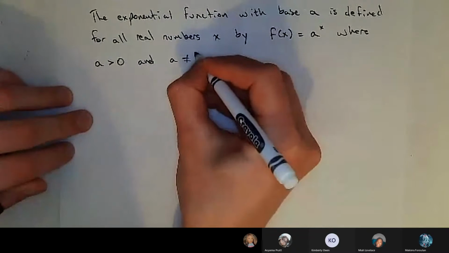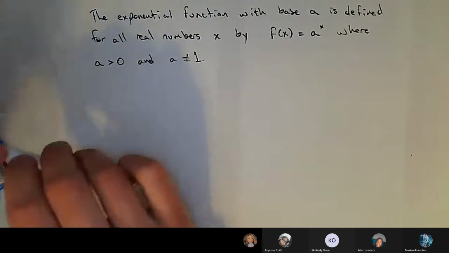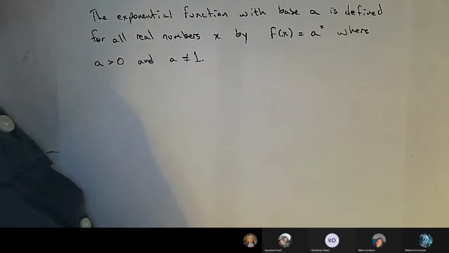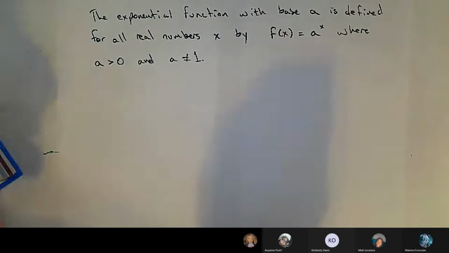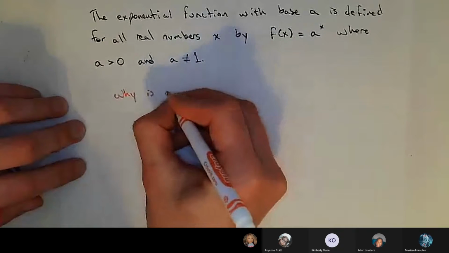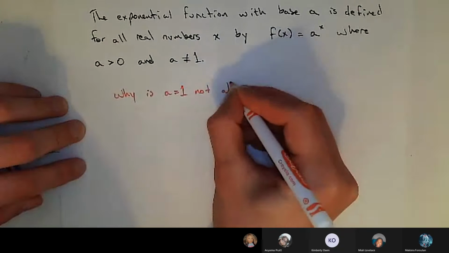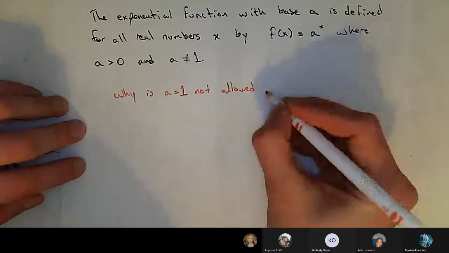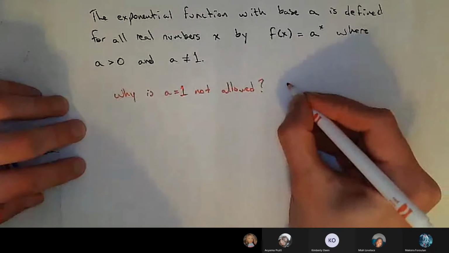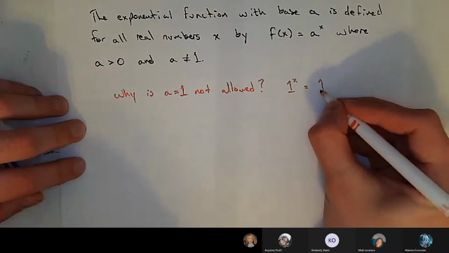And the only reason we don't want 1 involved is because if it's a 1, then it's not an exponential function. Why is a equal to 1 not allowed? Well, 1 raised to any number x is just going to be 1.